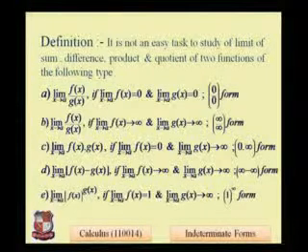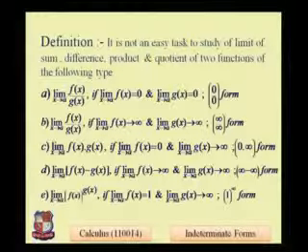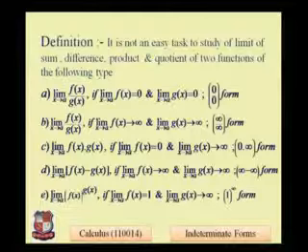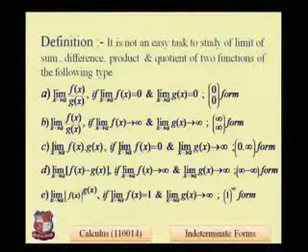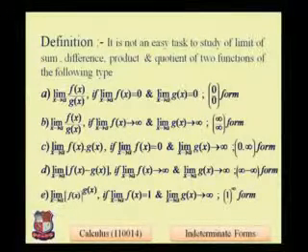Then as x tends to a, now we take the function raised to the power function, in which if one function for the given limit tends to 1 and another function approaches infinity, then it will be 1 raised to infinity form.